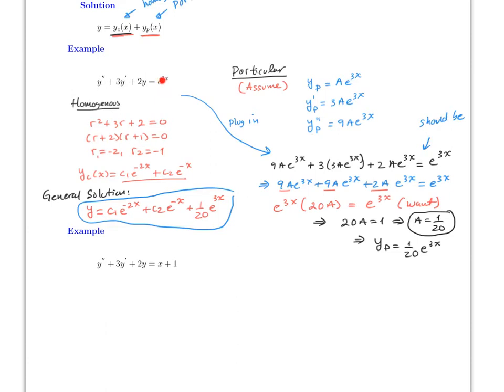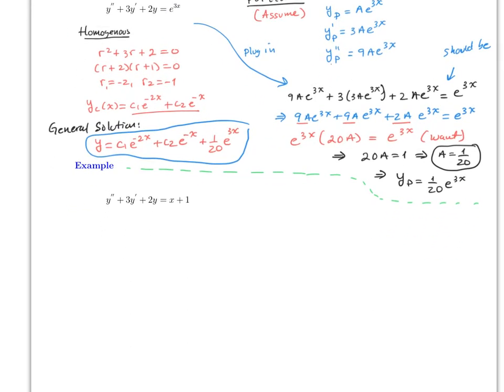If you try to use more sophisticated functions here, like tangent or cotangent or something else, this method doesn't work. So we need to figure out a different way. But for now, we will focus on three cases only. This will be either an exponential, a polynomial, or a sine or cosine.